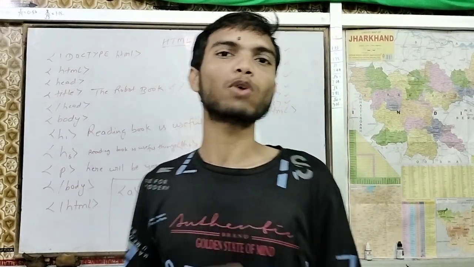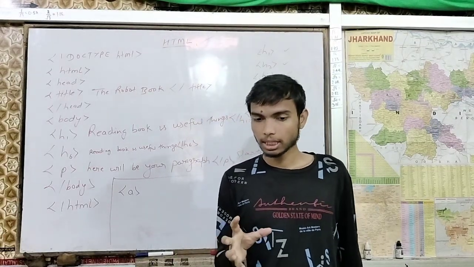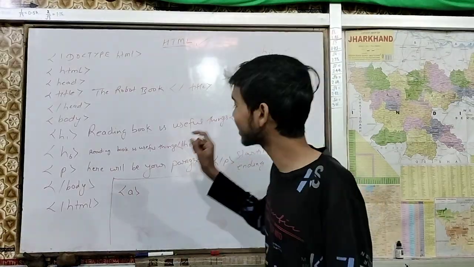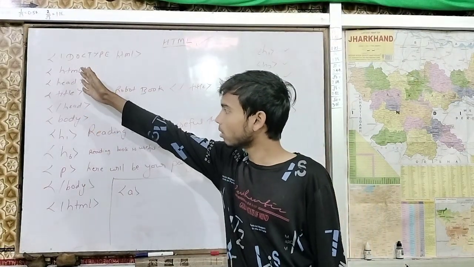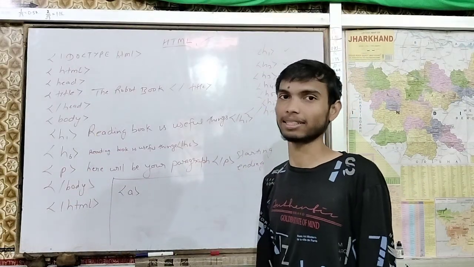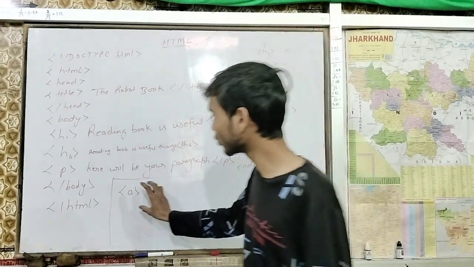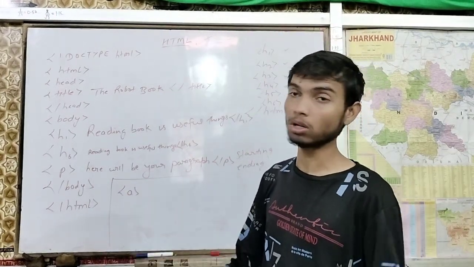But what is the meaning of this tag? The meaning of this tag is that we insert a link by using this tag. By using any other tag, you cannot insert a link. If you want to insert links, then you will have to use this tag. Clear?